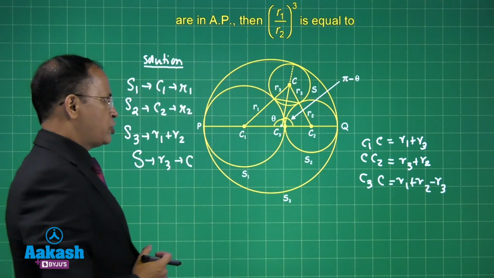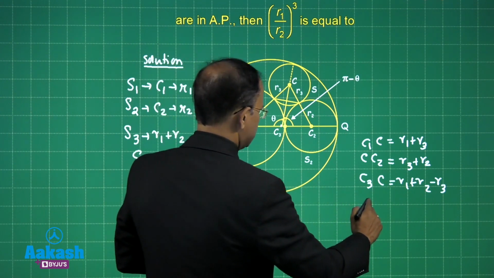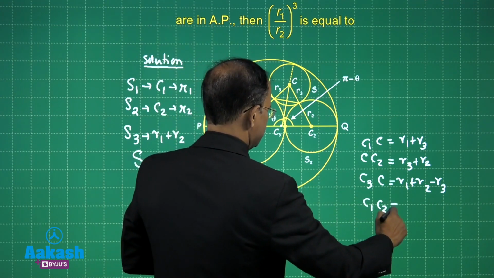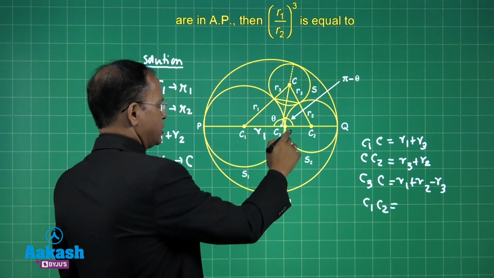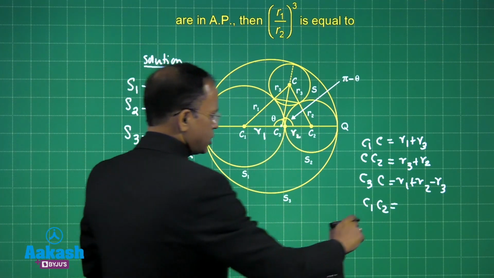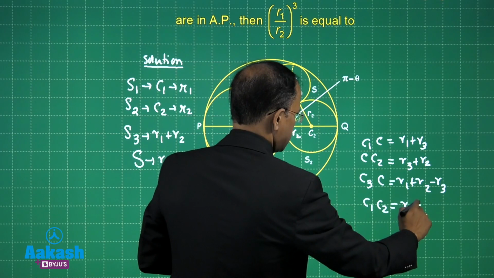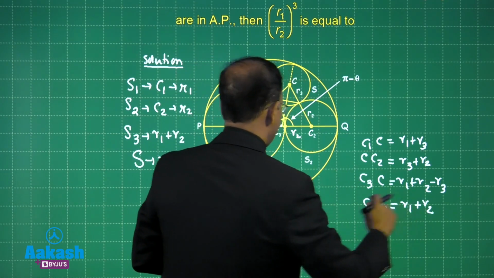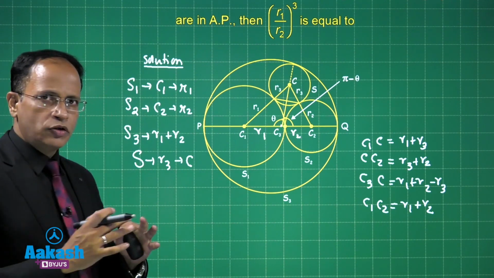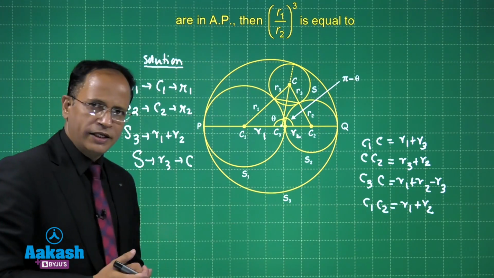If we talk about C1 C2, this is the R1 radius and this is the R2 one, so we have R1 plus R2. Now, friends, we can use the cosine formula in this case.